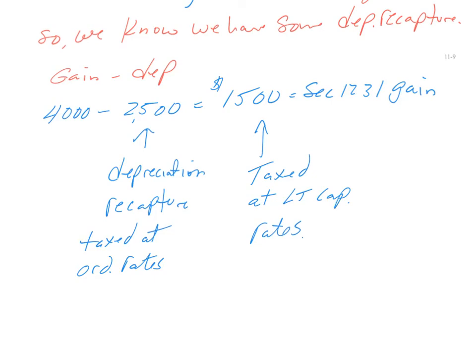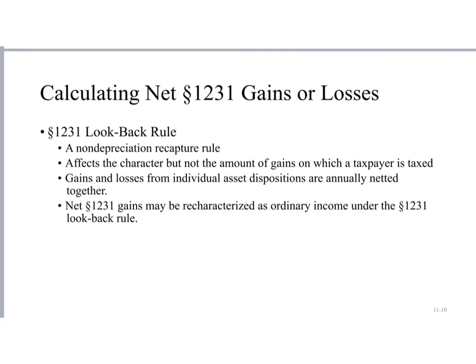All right, so there is one last wrinkle. And the last wrinkle is called the Section 1231 look-back rule. Okay? What this means is you have to look back 5 years and see if you were able to deduct 1231 losses as ordinary losses.